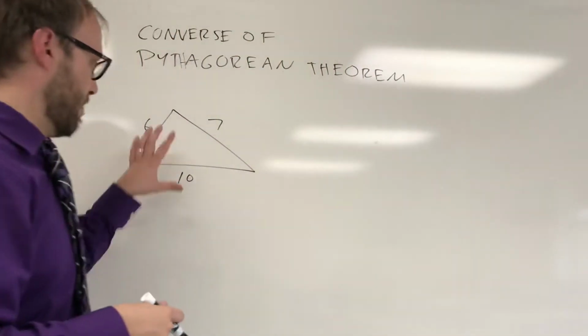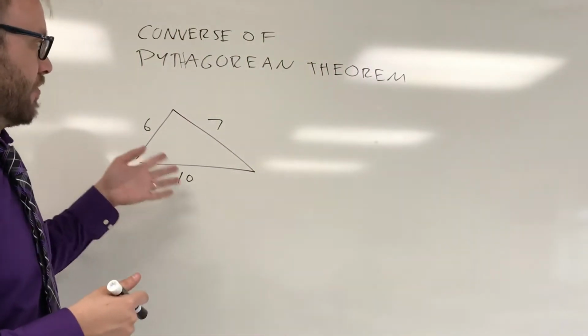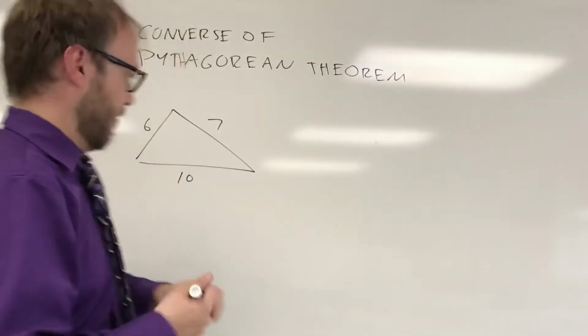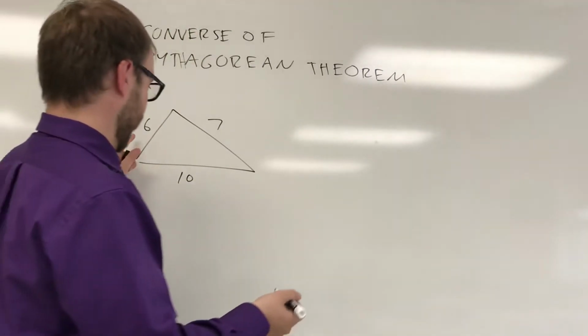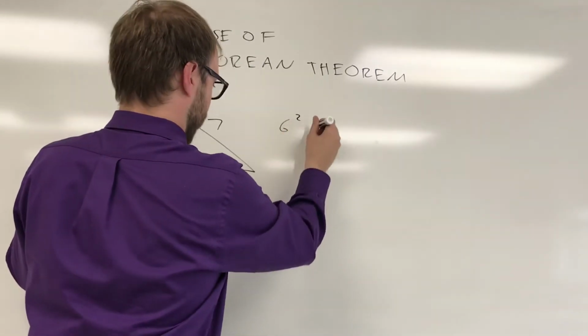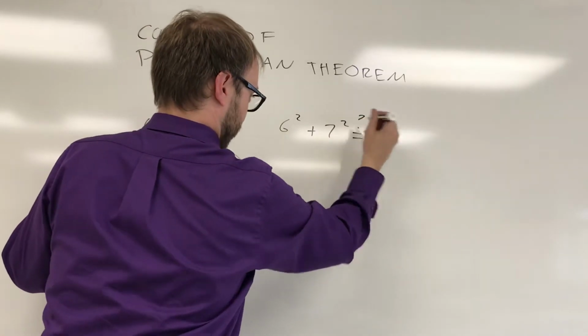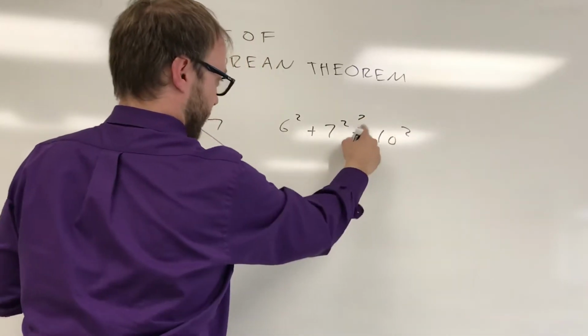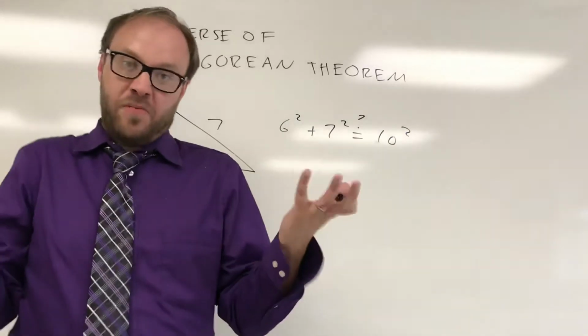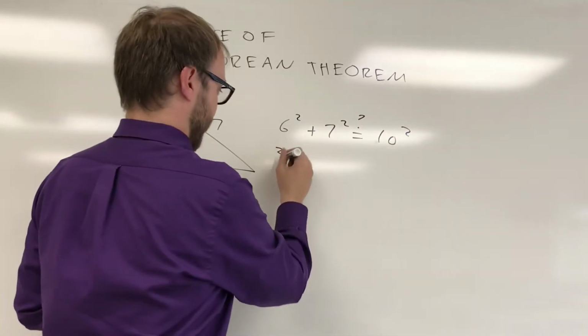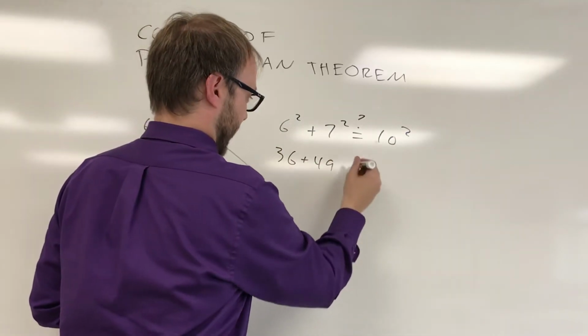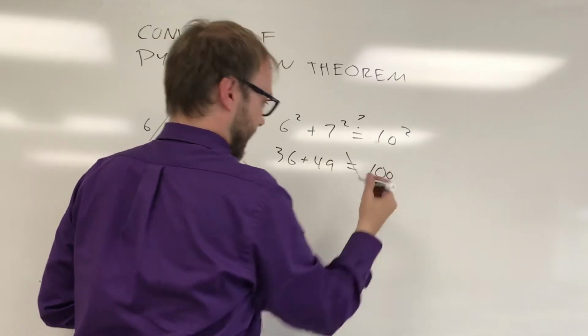So this question here, I believe this is number 23. You can check real quick and see, is this a right triangle? You could basically just check and see, is 6 squared plus 7 squared equal to 10 squared? I'll do a little question mark over the equals because we need to check and see if they're the same. You'll see that's 36 and that's 49, and that is not equal to 100.